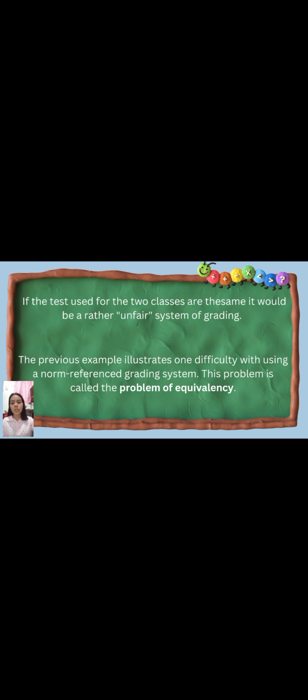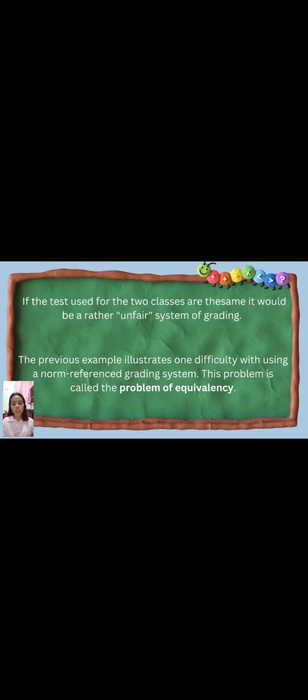So, paano naging unfair? Kung same lang yung test na binigay ni teacher sa dalawang section, since yung section A is mataas yung mga grades nila, then yung section B mababa ng konti, pero pagdating sa equivalence ng kanilang percentage, same lang sila.